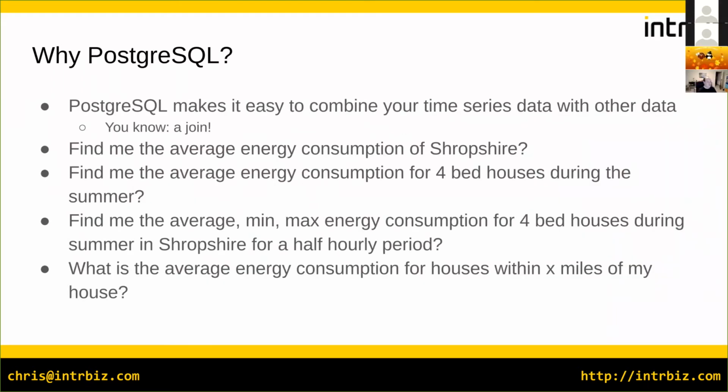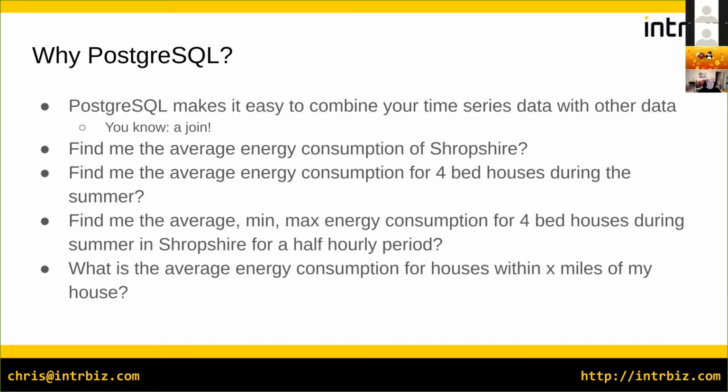Combining data in a relational world, we call a join, right? So there are some very simple questions that we might want to ask of our system. These examples come from when I worked on smart energy data. We've got meters and houses collecting data, and we know where those houses are.